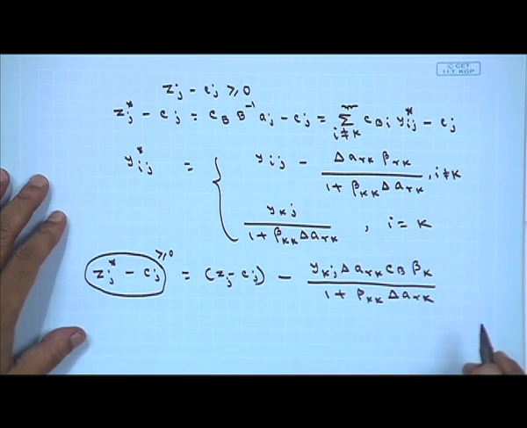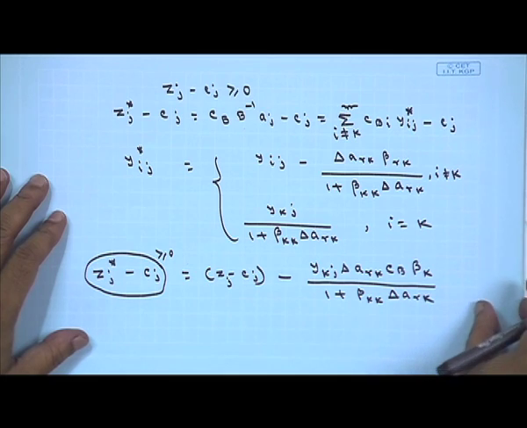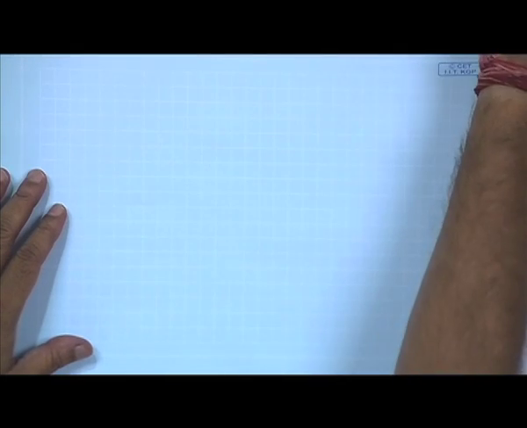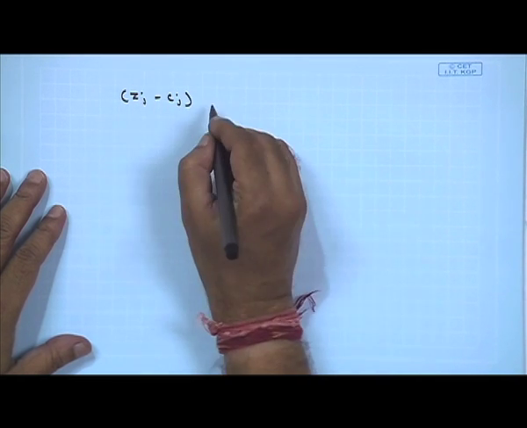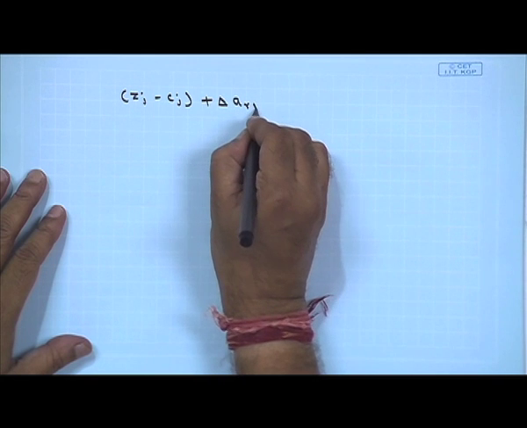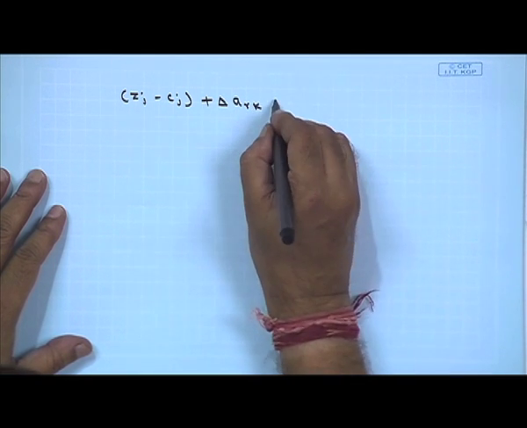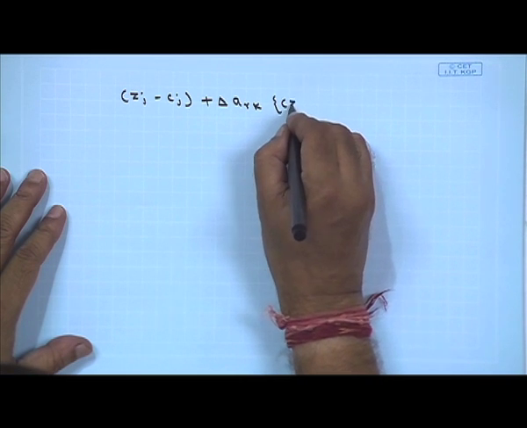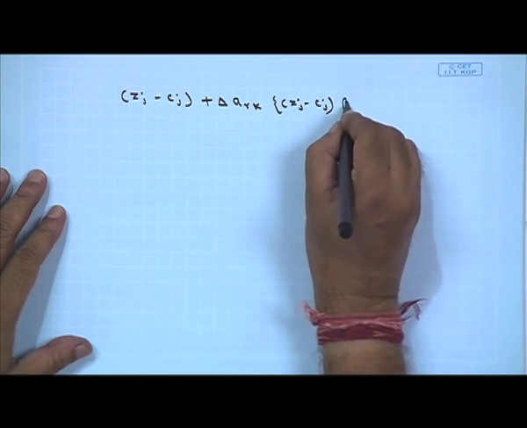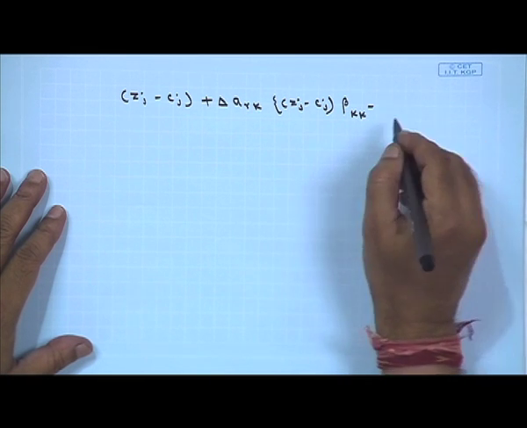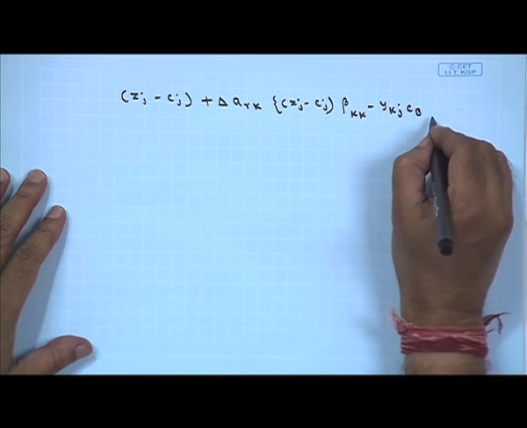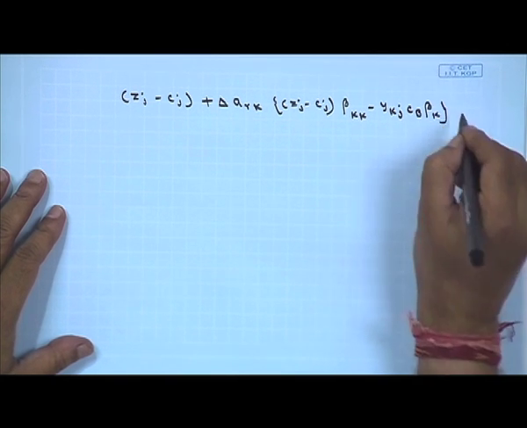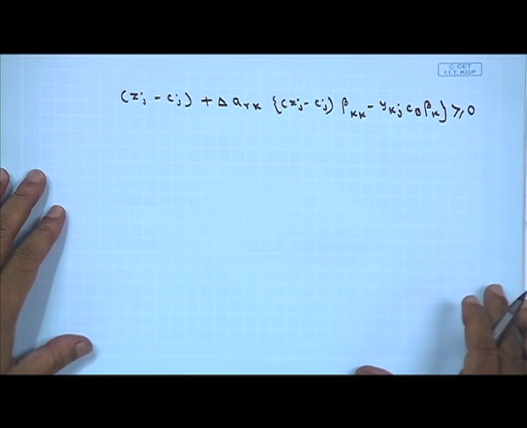In other words, z_j minus c_j star into delta a_rk should be greater than or equal to 0, which implies z_j minus c_j plus delta a_rk into z_j minus c_j into beta_kk, and from that itself minus y_kj c_B into beta_k, has to be greater than or equal to 0.